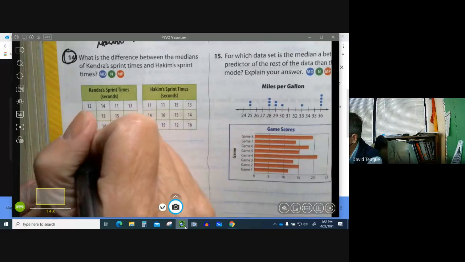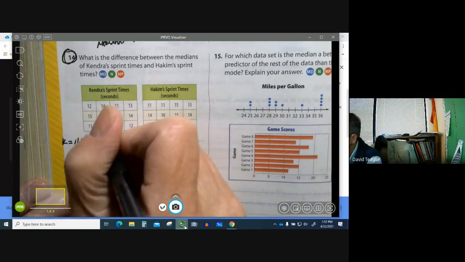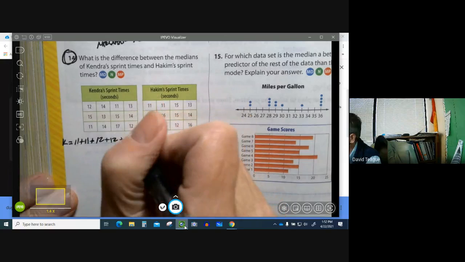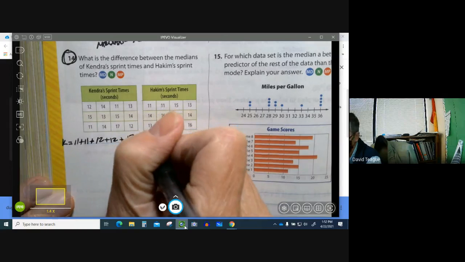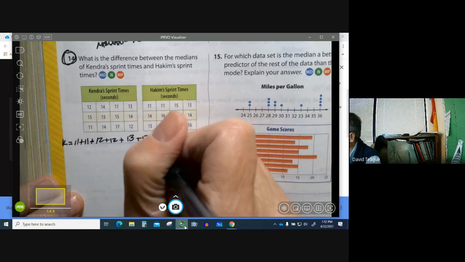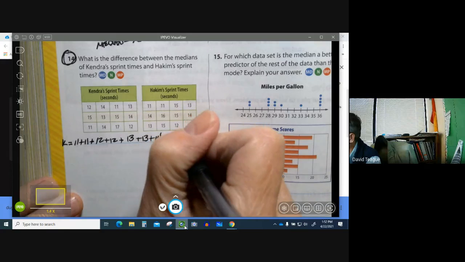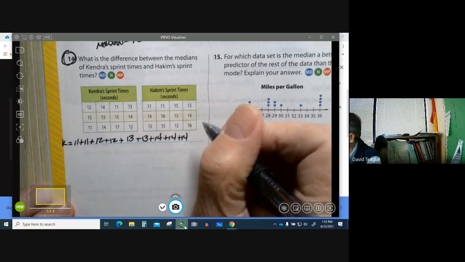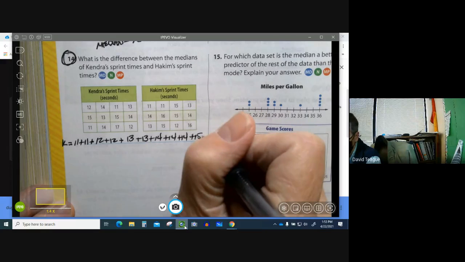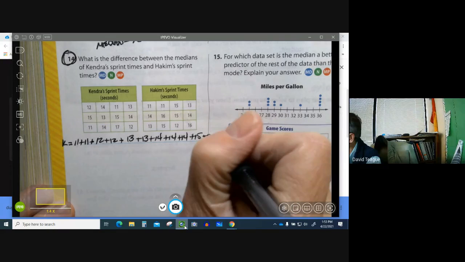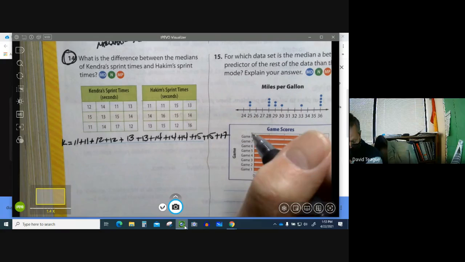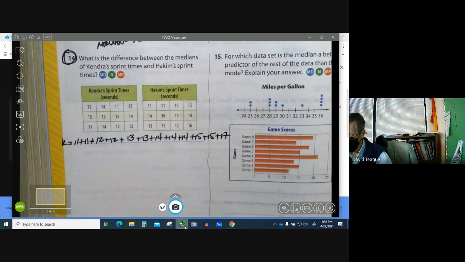So we have 11, 11, 12, 12, 13, 13, 14, 14, 14, 15, 15, 17.